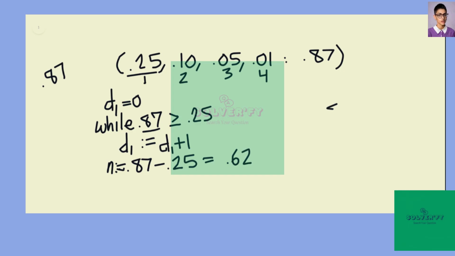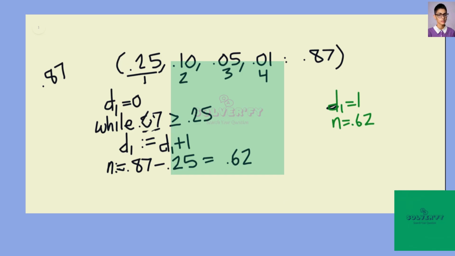So we currently have D1 equal to 1, and our N is equal to 62 cents. Then we'll repeat the process. Instead of 87 cents here, we've now reduced it to 62 cents.